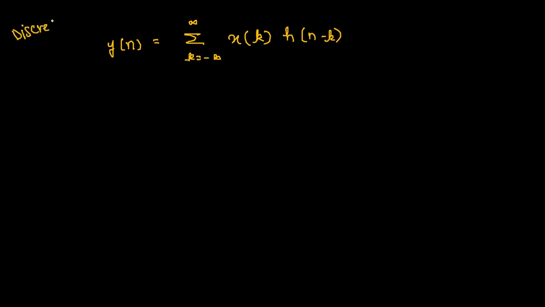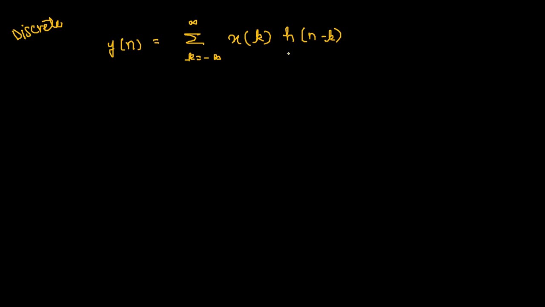So the formula for convolution is, we can write y of n is the summation from k equal to minus infinity to infinity of x of k and h of n minus k. First we'll talk about convolution in discrete, and then we'll talk about convolution in continuous.